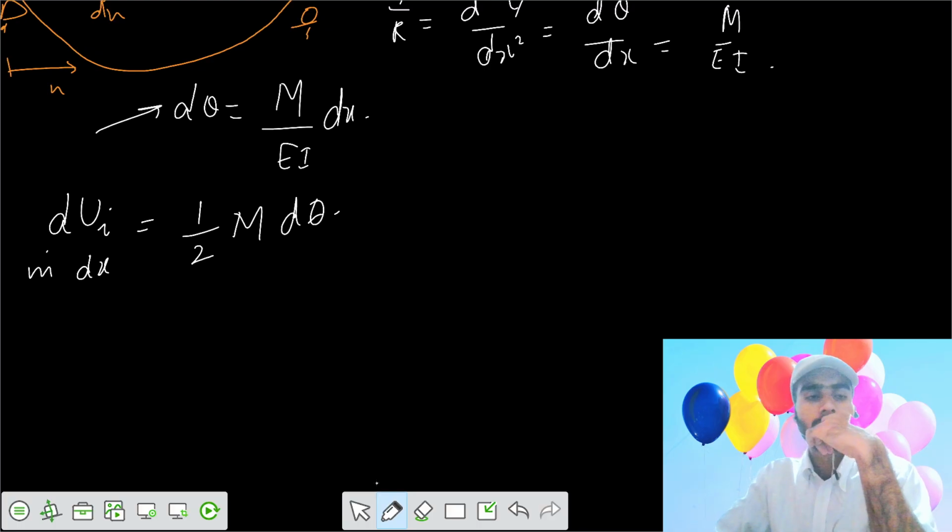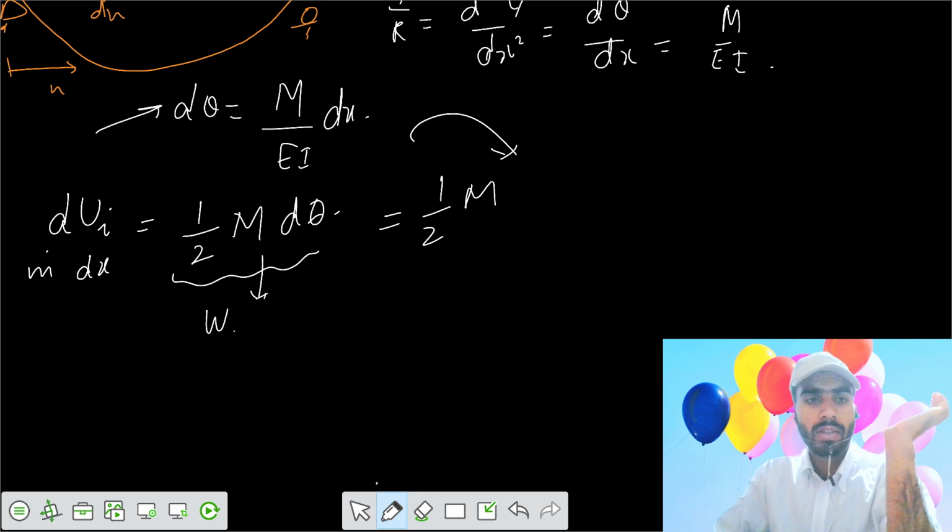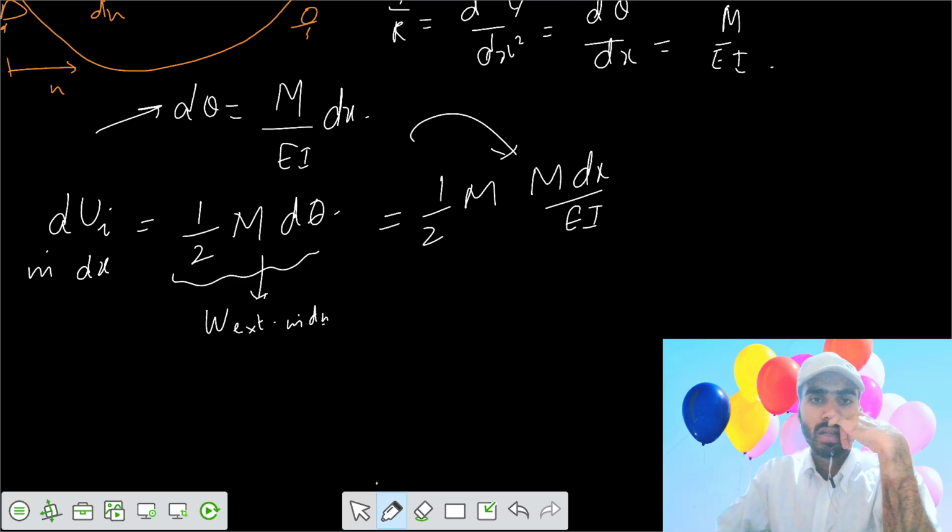Is it half of M d theta? Yeah. Then we have 1 by 2 M, and if we substitute the value of d theta here, this is the strain energy stored in the material in dx. So half of M into d theta is M dx by EI, that equals half of M square dx by EI.